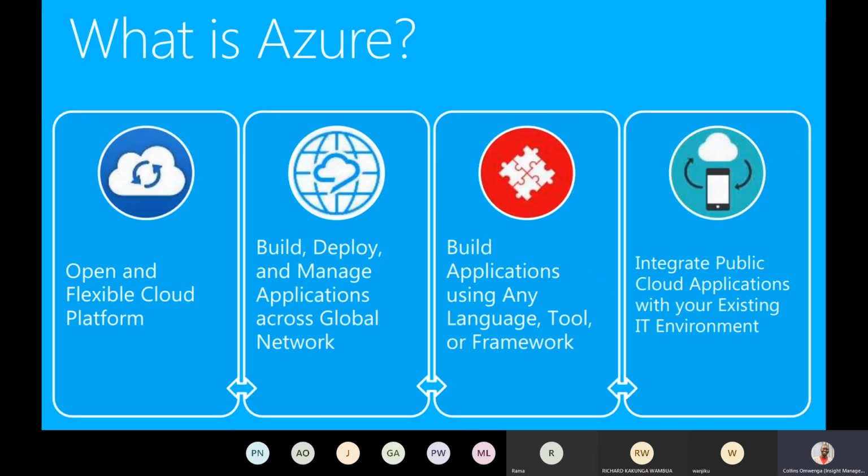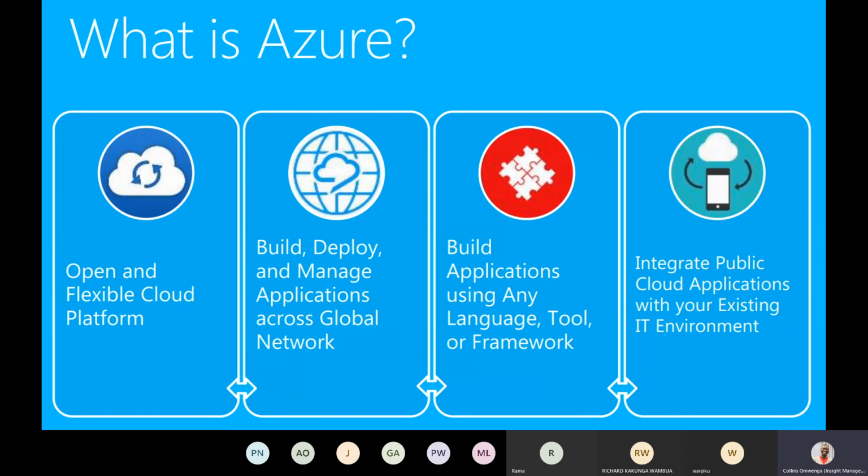So when we talk about Azure, what do we mean by that? Azure is a Microsoft cloud service offering that has a variety of services and solutions that helps you to scale, build, and distribute your applications. Ideally, there are 4 key facets that we look at in Azure. The openness and flexibility of that cloud platform allows you to run your workloads, whether it's open source or closed source, for enterprise or for consumers, so it cuts across.